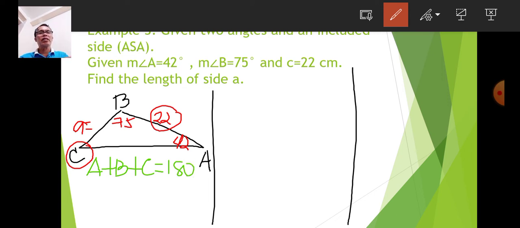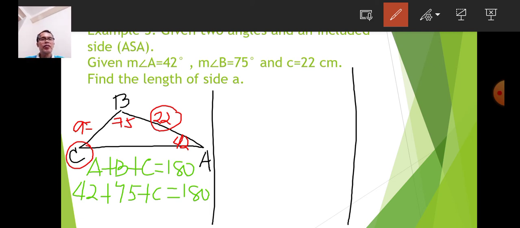Angle A is 42 plus angle B is 75 plus angle C equals 180. So 42 plus 75 is 117, plus C equals 180.